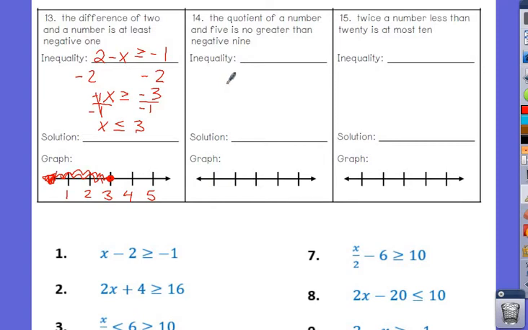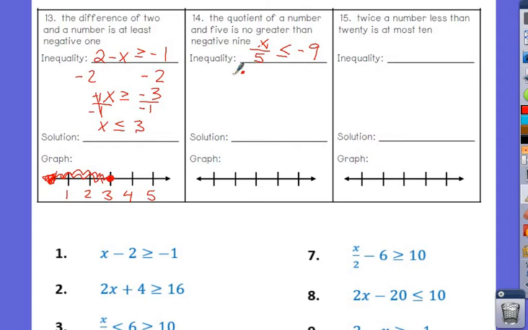Okay, 14. A quotient of a number and 5. What does quotient mean? Divide. A number divided by 5 is no greater than, less than or equal to, a negative 9. How would I go about solving this?